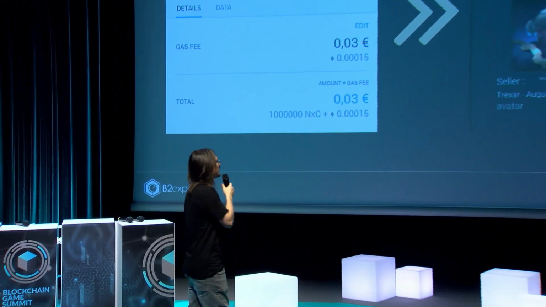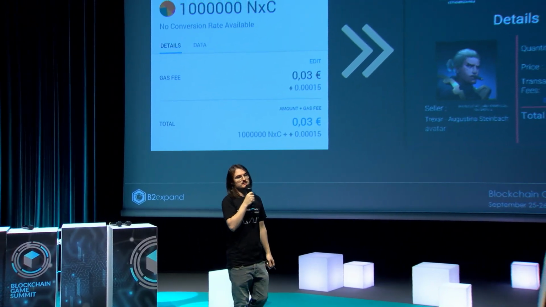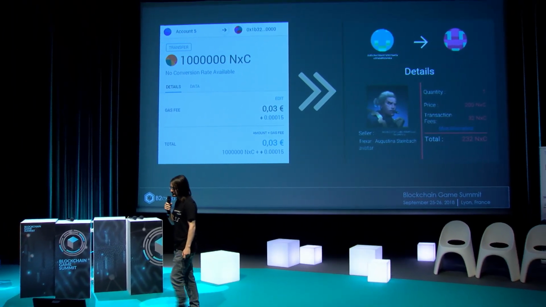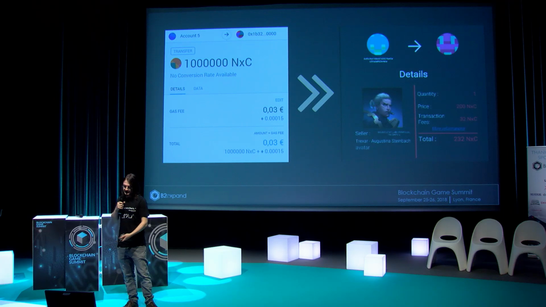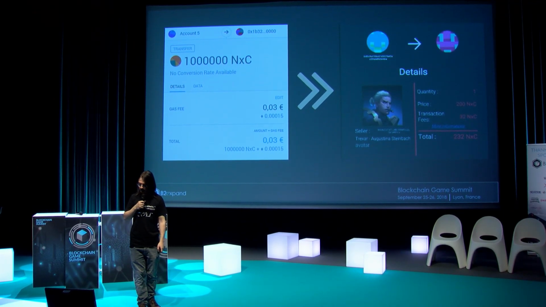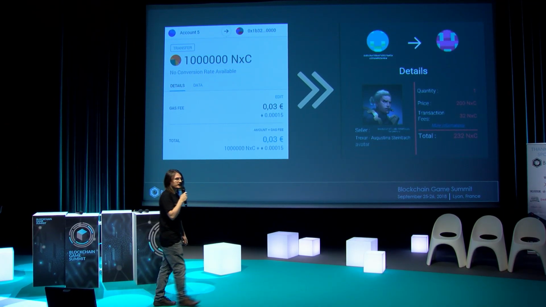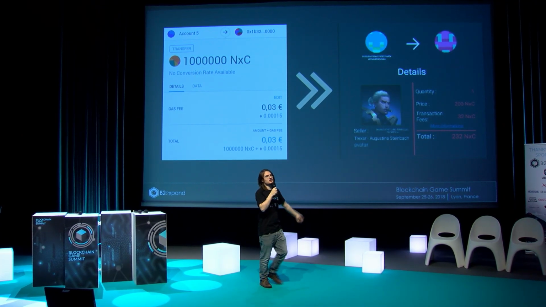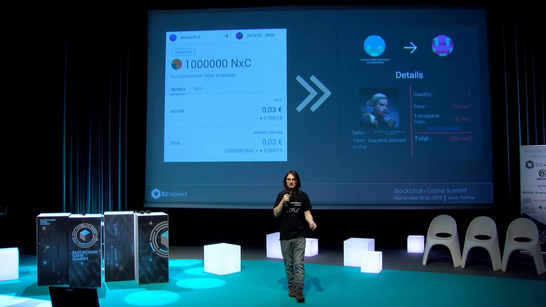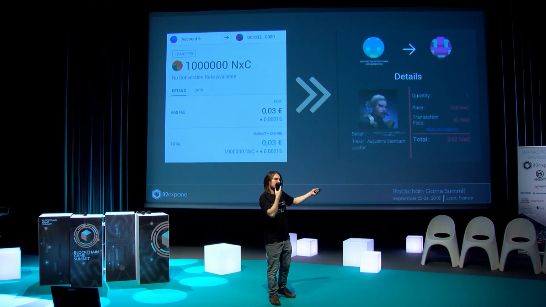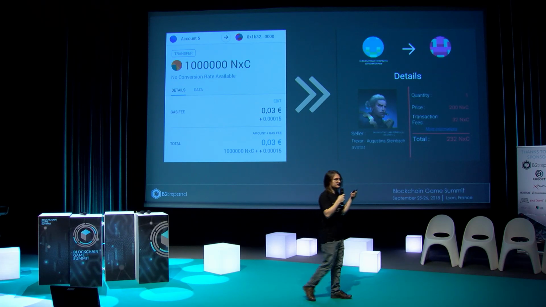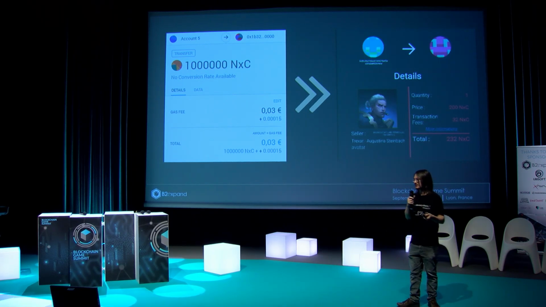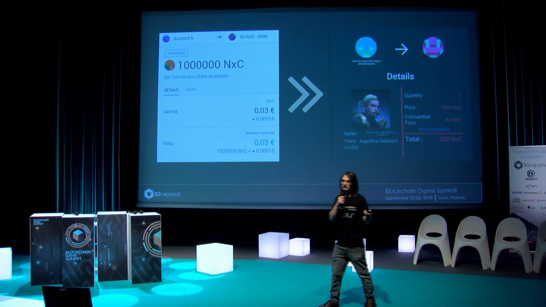For example, here I wanted to transfer 1 million Nexium to someone, and the cost is in Ether. What we reached on our application is that for a similar transaction, the transaction fees are in Nexium, making the user experience far more understandable because it uses the token from your platform.